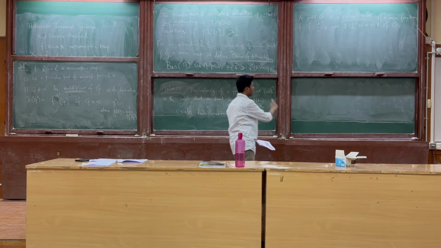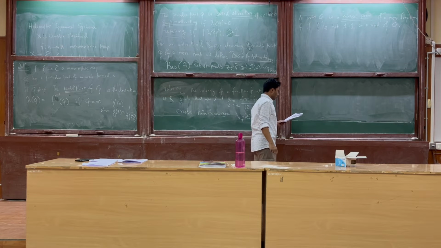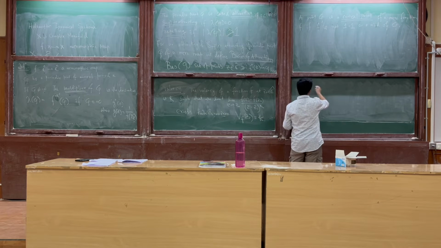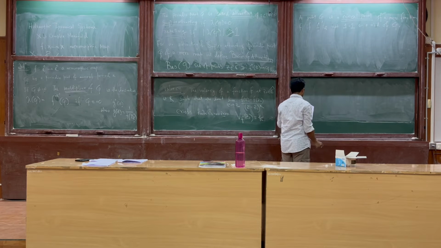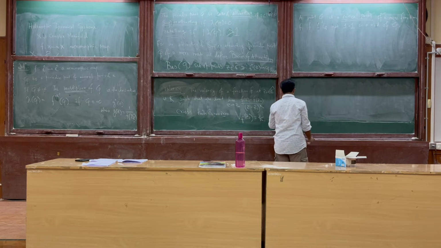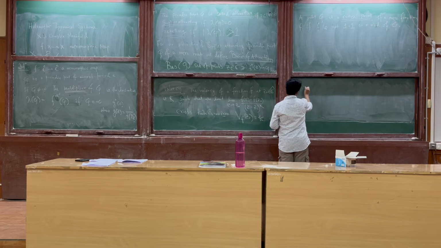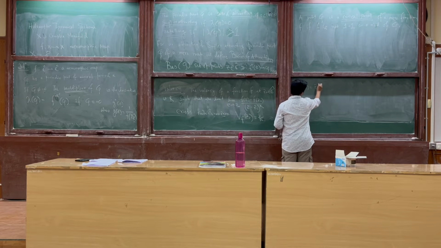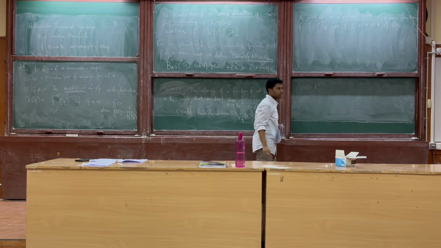So we have talked about basins. Let us just make something to emphasize that term, basin, because it will come many times in the remaining part. So we just take an example: f(z) equals z square.